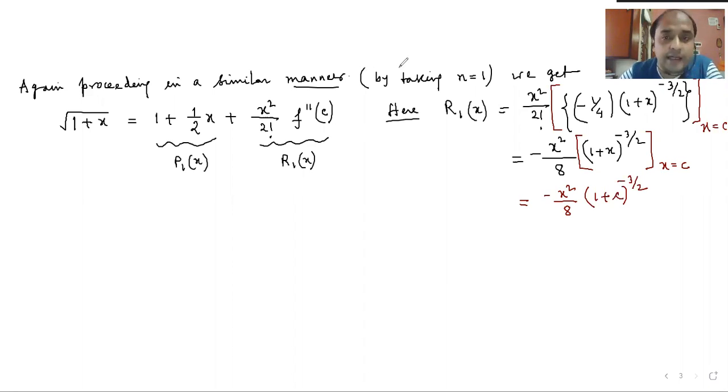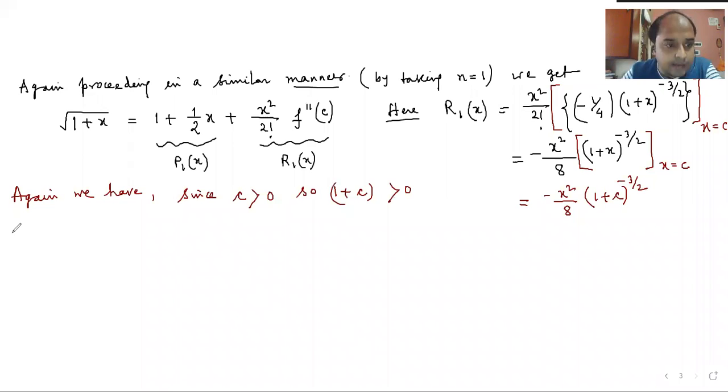So again, let us proceed in a similar manner. Since c is greater than 0, 1 plus c is greater than 0. This implies 1 plus c to the power minus 3 by 2, as before, is also greater than 0.